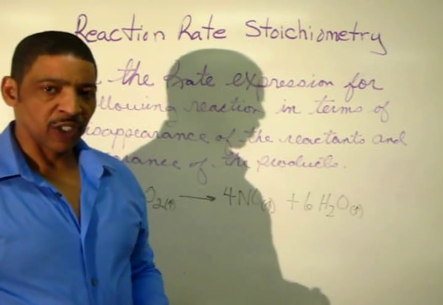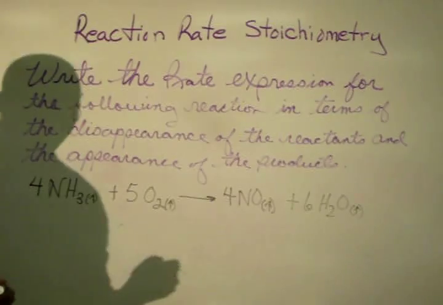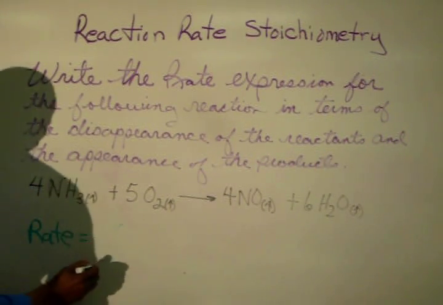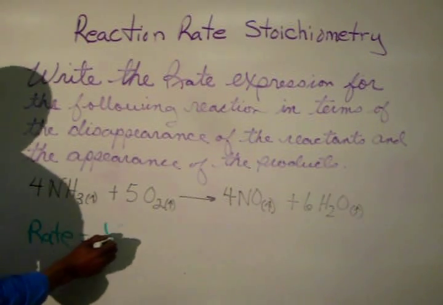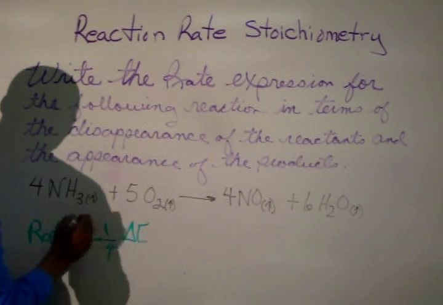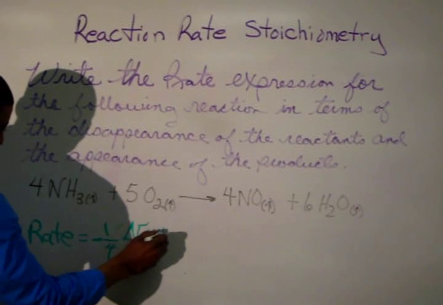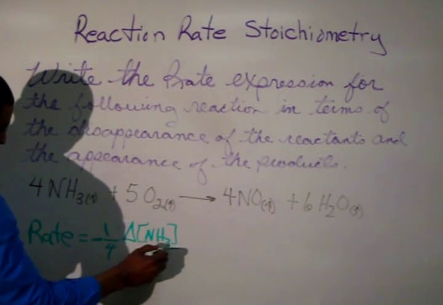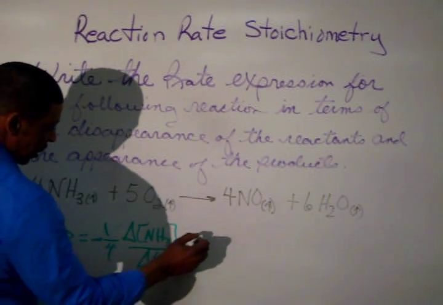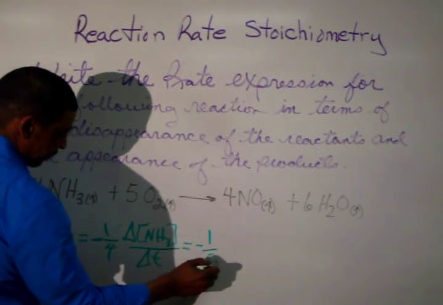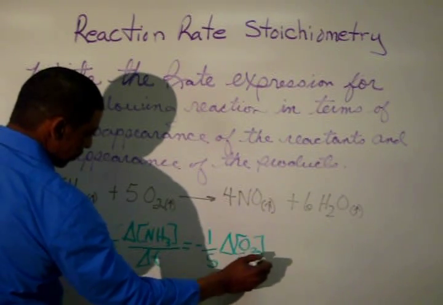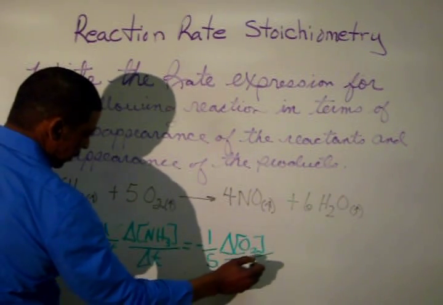The rate expression for this particular reaction may be written as follows, where rate is equal to negative 1/4 times the change in concentration of ammonia over the change in time, which is equal to negative 1/5 times the change in concentration of O2 divided by the change in time.